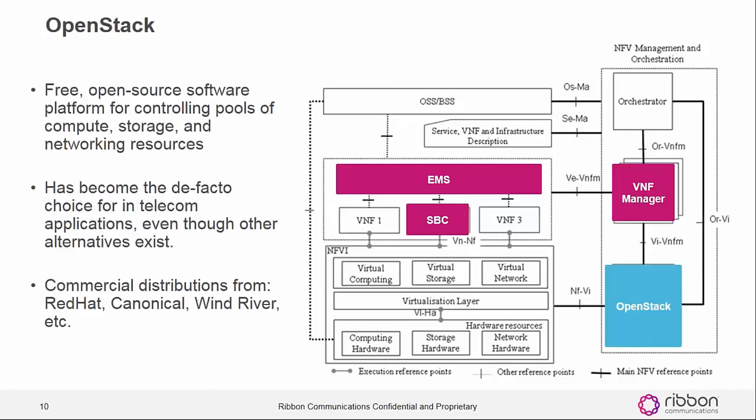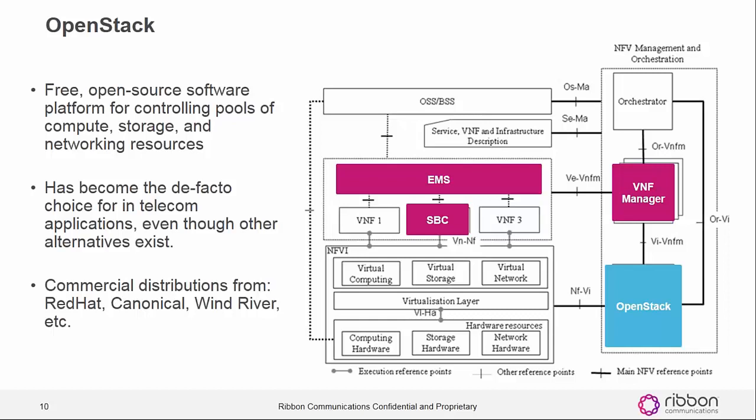Just one last point, because I will come back to this subject. I mentioned it in the first webinar as well. The de facto choice for telecom applications is OpenStack, which is a free open source software platform for controlling these pools of compute, storage, and networking resources. And if you look and see who provides these OpenStack distributions, it's not the actual OpenStack community itself.